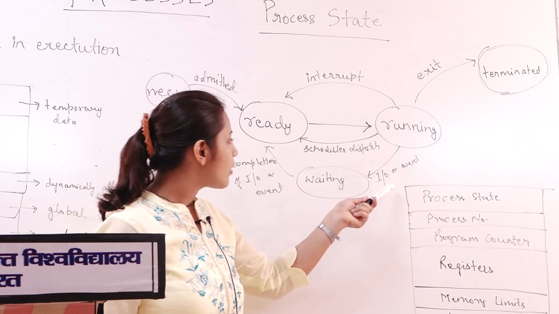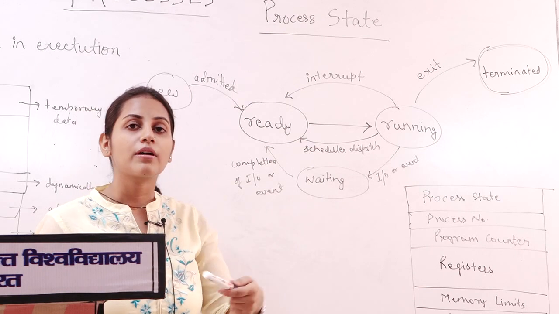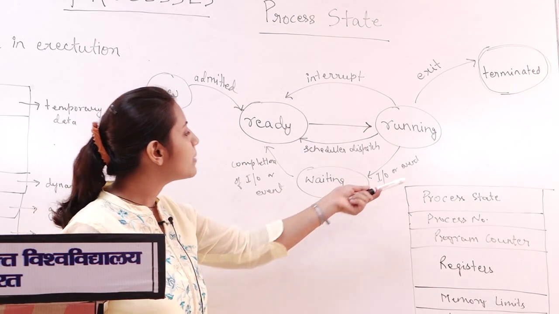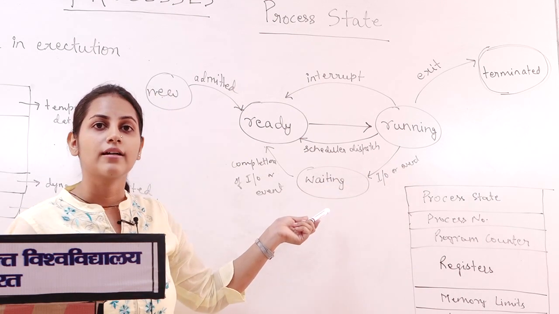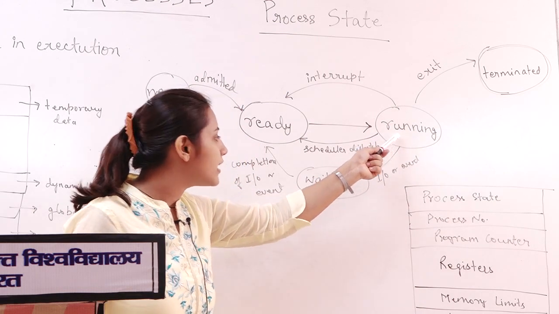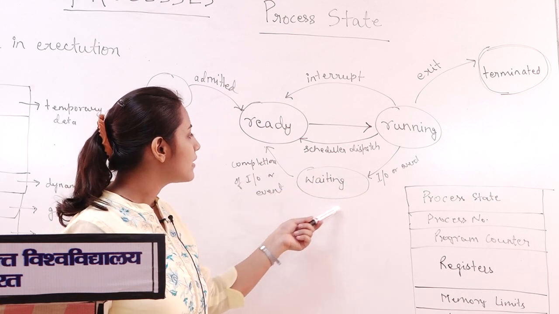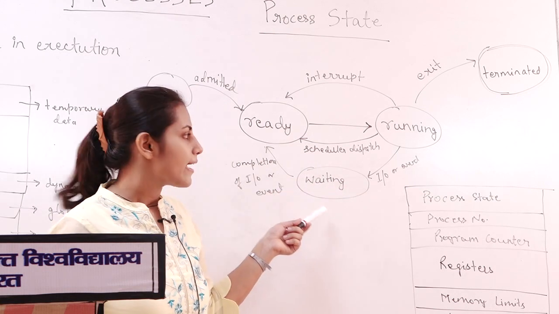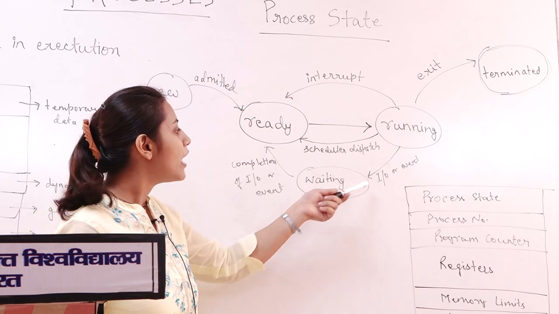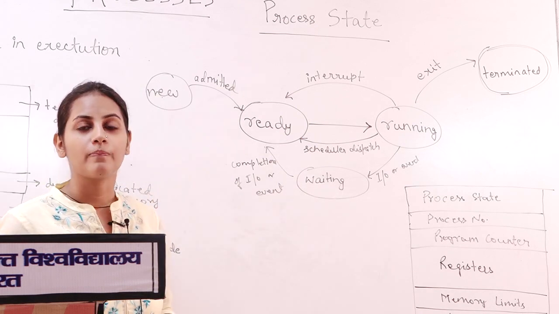Once the event for which the process was waiting occurs, like the process might fork a child process and the child process might execute and the parent process might be waiting for the child to execute, in that case, the process would switch its state from running to waiting. Once this process is waiting in this waiting queue and the event for which the process was waiting has completed or the I/O has been completed, the process now goes back to the ready queue.